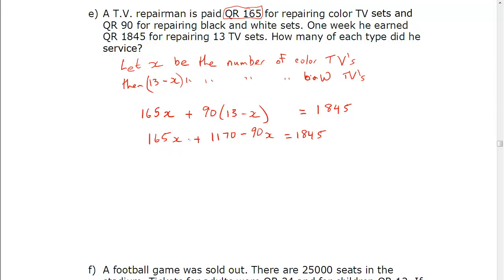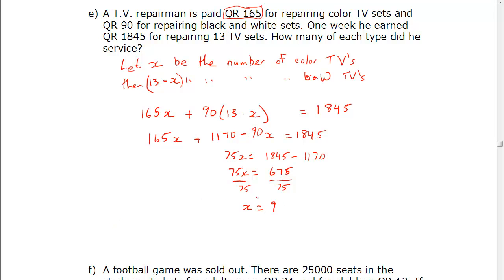So 165x minus 90x is 75x. It's going to equal 1845 minus 1170. So 75x is equal to 675. So divide each side by 75. That tells us that x is equal to 9.